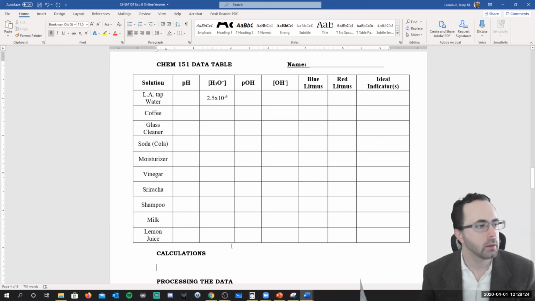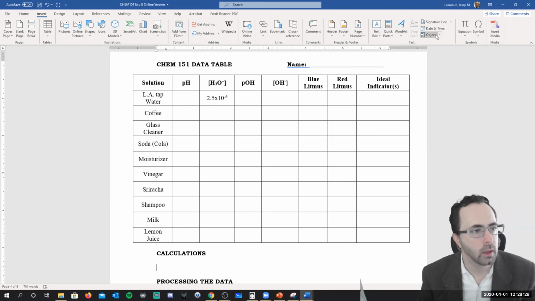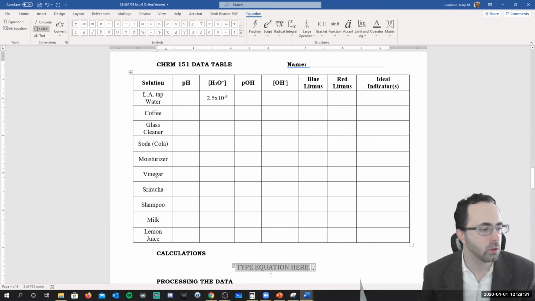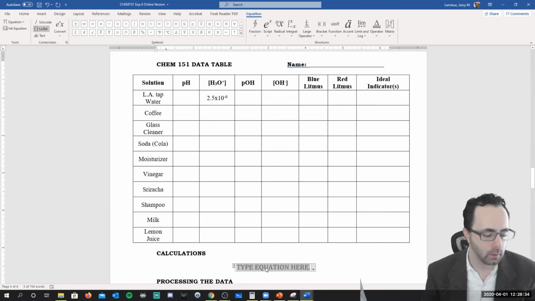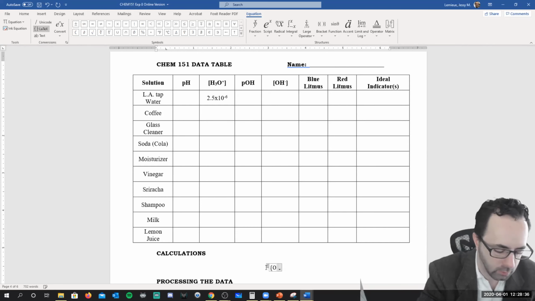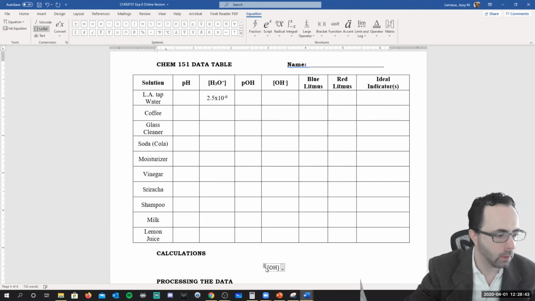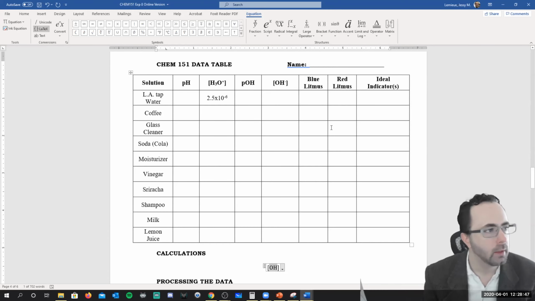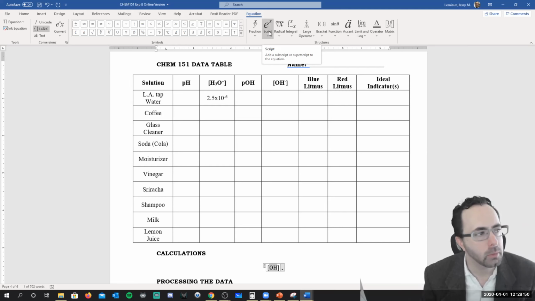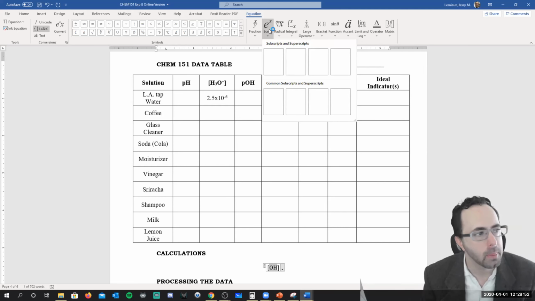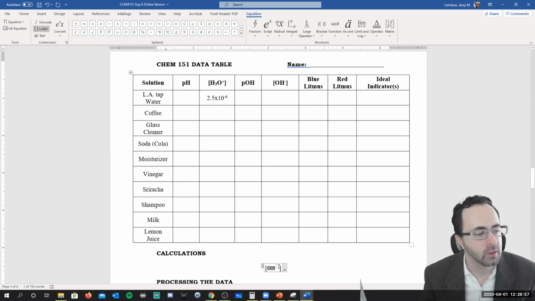If I want to calculate the hydroxide concentration, I'll probably want to show that in an equation. So the equation is that the hydroxide concentration, now I'm going to want a minus in there, so I could choose the hydroxide, and then to put a superscript, I choose up here script and go like that when I'm selecting the OH.